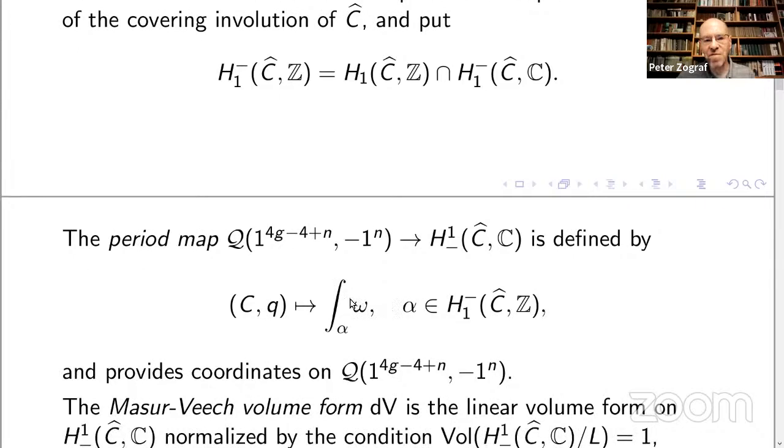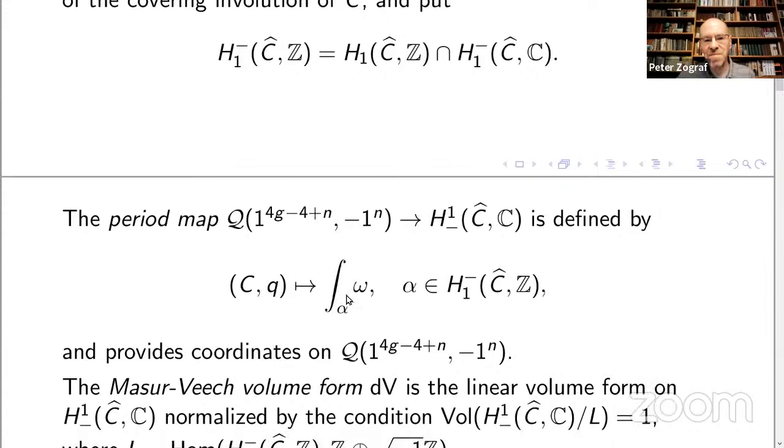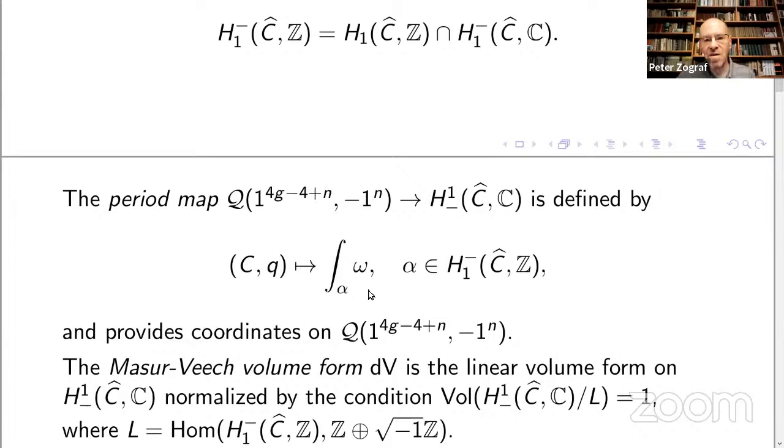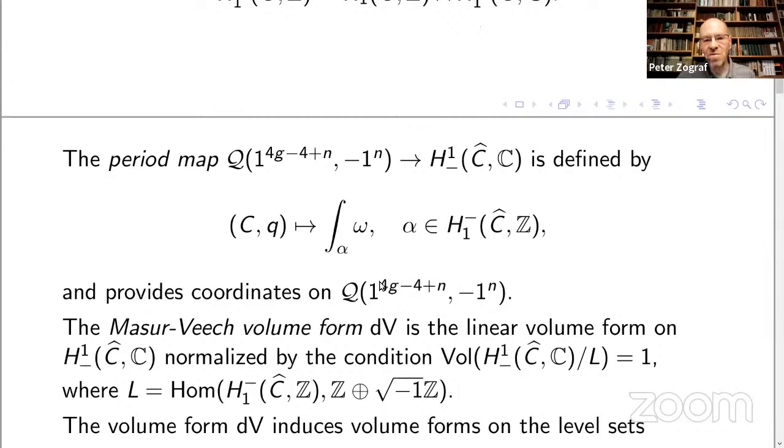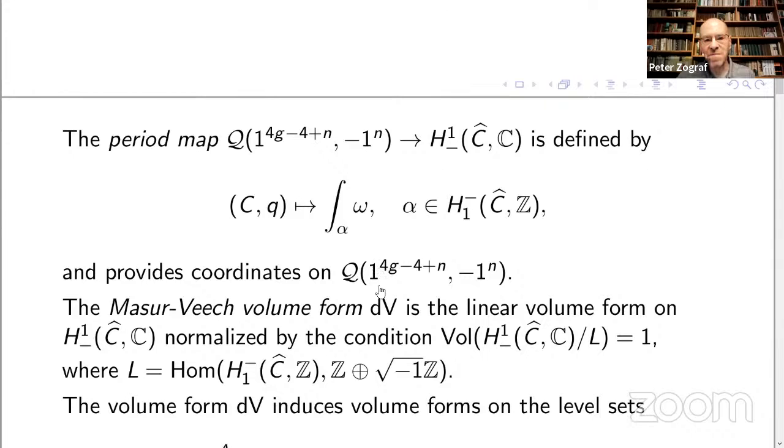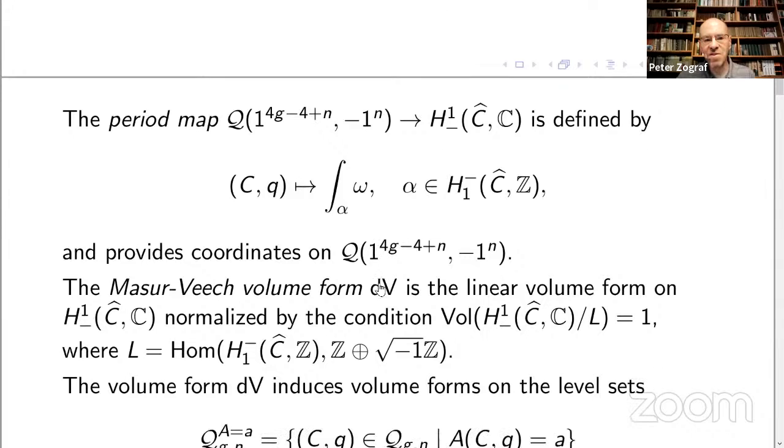For the pair (C,Q), it is the integral over the odd homology classes of C hat of the abelian differential, the holomorphic differential omega. This period map provides coordinates on the moduli space of quadratic differentials.